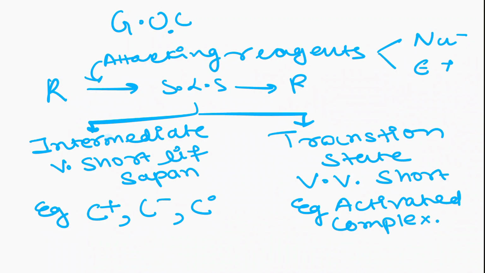Okay? So reactant does not give product directly. In between, transition state or intermediates are formed. These intermediates are formed by the attacking reagents, and these attacking reagents may be nucleophile or electrophile, which will form the carbocation, carbanion, and free radical. It depends upon which attacking reagent you have put in the reaction.